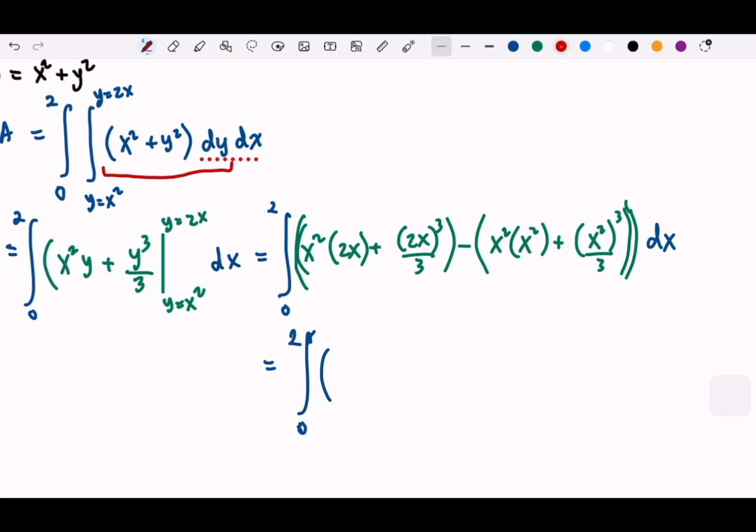I think I will have this 2x cubed. This is also x cubed, but 8 here over 3, right? And here we have x to the 4, and then x to the power of 6 over 3.